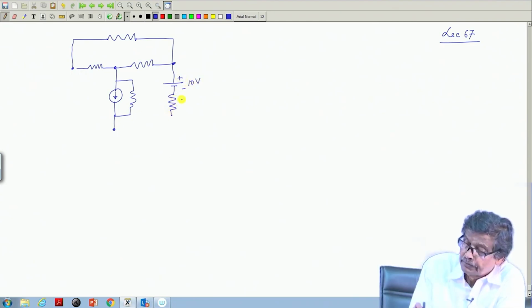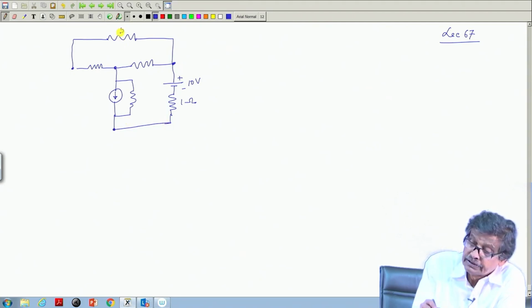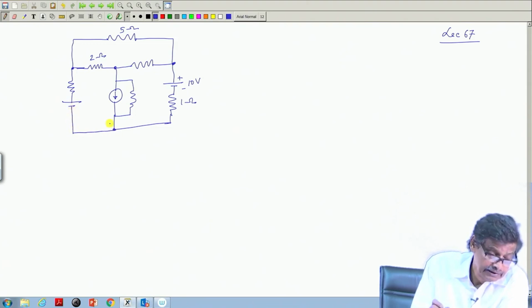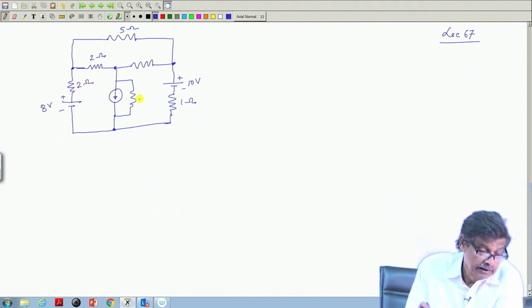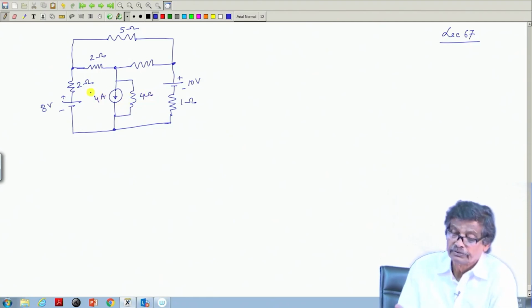Here is a 1 ohm resistance. It is connected there. And this is a 5 ohm resistance connected, this is 2 ohm connected there, and here is a resistance in series with a source, and suppose this is plus minus 8 volt and this is 2 ohm, and this is a 4 ohm resistance, and this is a 4 ampere current source. So, this is the network.